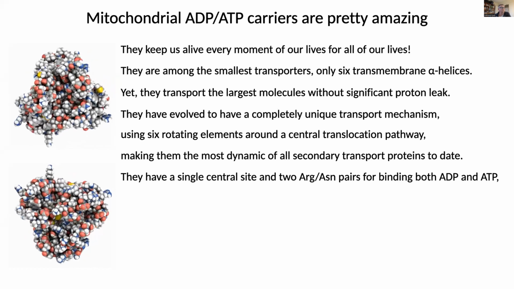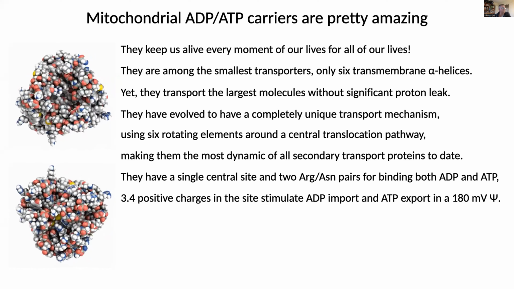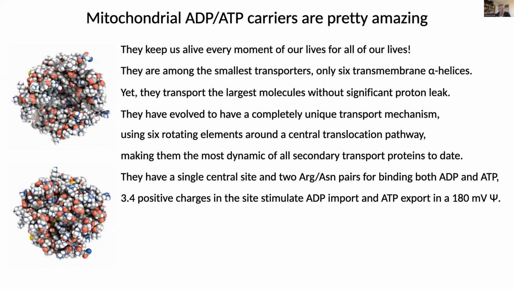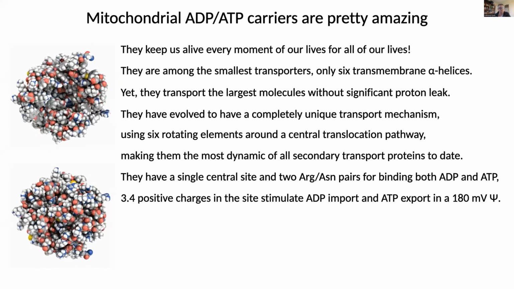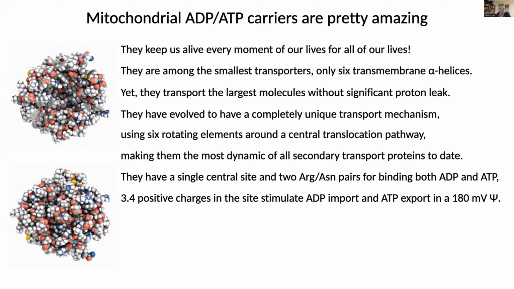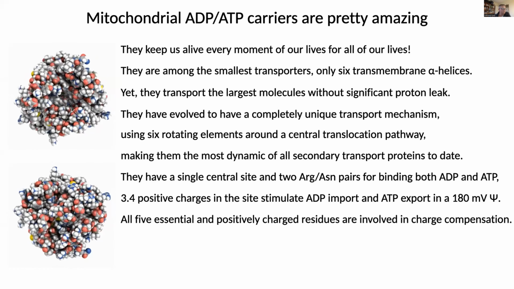They have a single substrate binding site at the center, and 2 arginine-asparagine pairs that are involved in binding of both ADP and ATP. We have learned from using the Nanion server that there are 3, or 3.4, positive charges in this site that are involved in charge neutralization that then stimulate both ADP import and ATP export in a 180 millivolt potential.